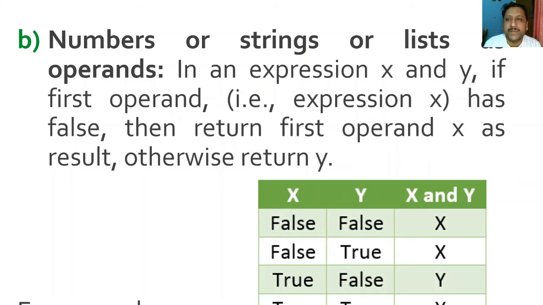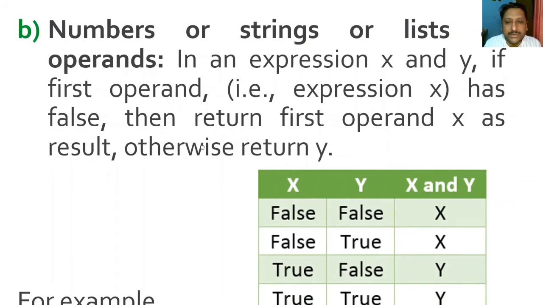If a number is more than 0, it is treated as true, and 0 is treated as false. For a string, an empty string is treated as false, and if a string has any value, it is treated as true. In the same way, if a list is empty, it is treated as false, and if it has any value, it is treated as true. Accordingly it will work.